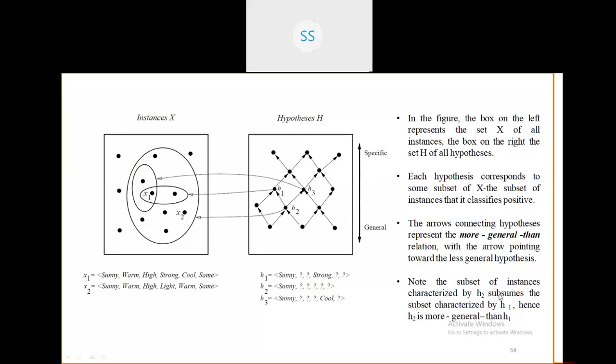Note the subset of instances characterized by H2 subsumes the subset characterized by H1, hence H2 is more general than H1. Similarly, it holds for H3 as well, because H3 has more specific attributes, whereas H2 has more general attributes. That's why H2 is more general than H1 as well as H3.